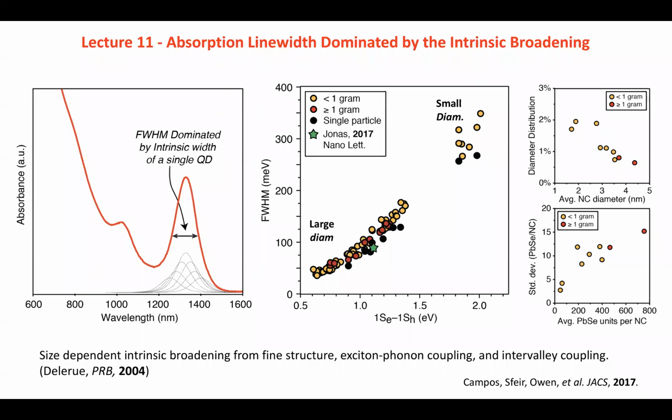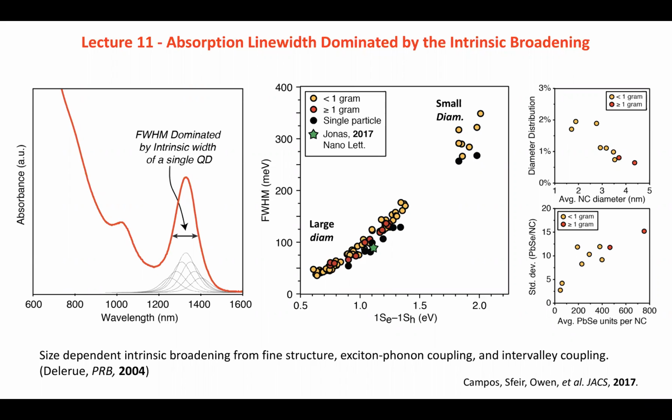And the total width is not much greater than that. Okay. So in all of these samples here, all these red and yellow samples, the width of the ensemble, all of the full distribution, is almost equal to the width of a single size. So none of these distributions are very broad. The polydispersity doesn't impact the width very much at all.